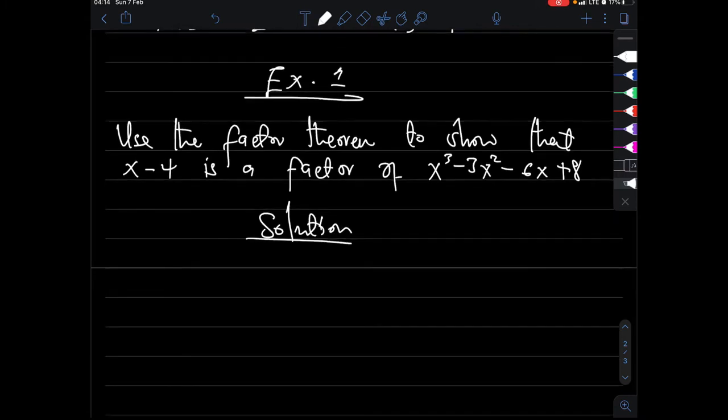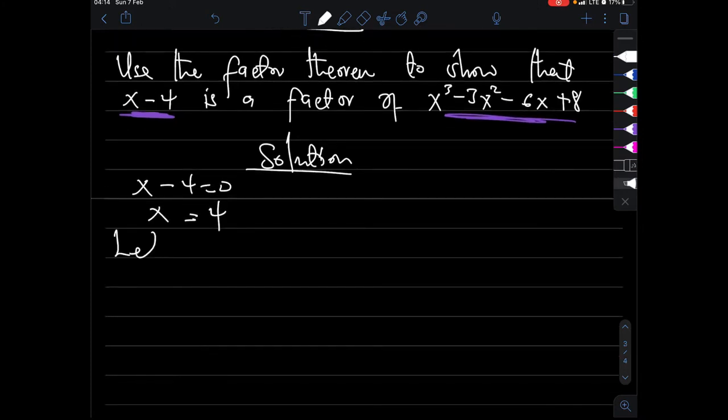Since we are talking about the factor theorem, what the theorem says is that if this is indeed a factor, then when we substitute x equals 4 into this polynomial, we should get 0. First, set the factor to 0. So x minus 4 equals 0, it means x is 4. Now let's say h of x is equal to the polynomial that you've been given.